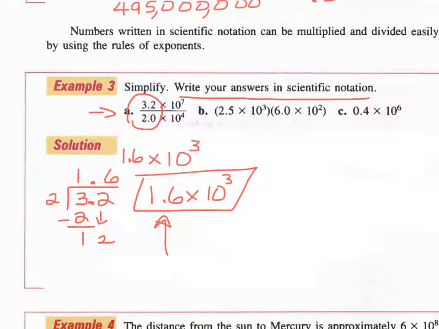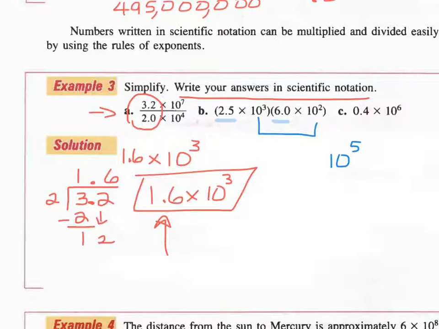So again, when we're multiplying, we're going to do something similar to what we just did with the division. We are going to multiply the decimal portions, because now we're multiplying. And then remember, with the exponents, when you multiply, you add. So here I'm going to add the tens. So the 10 becomes 10 to the 5th.